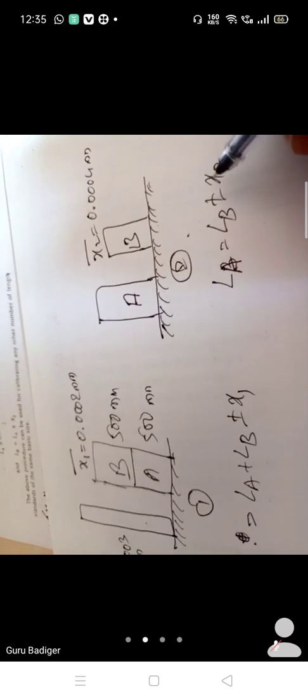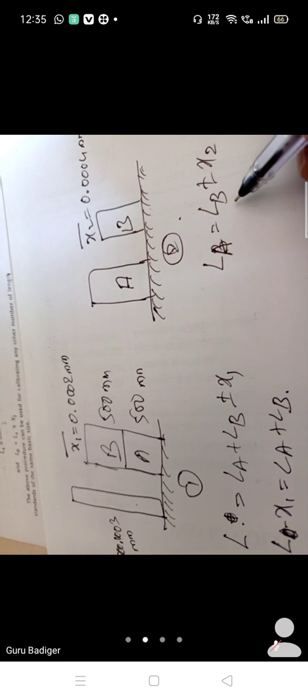So here you can write figure 1, figure 2. From figure 1, L is equal to LA plus LB plus or minus x1. And here LA is equal to LB plus or minus x2, right?